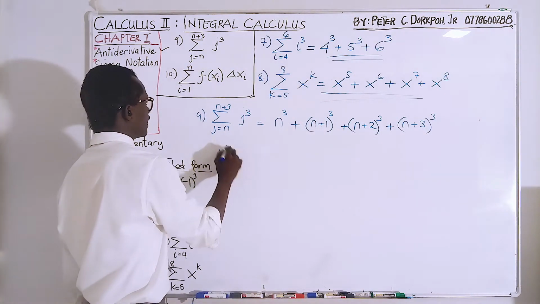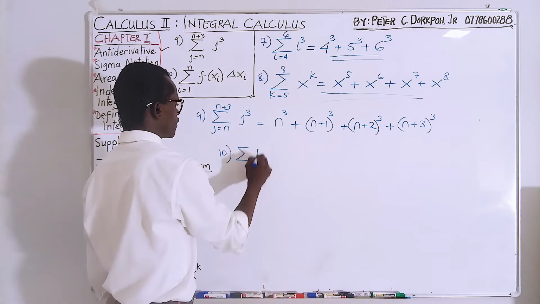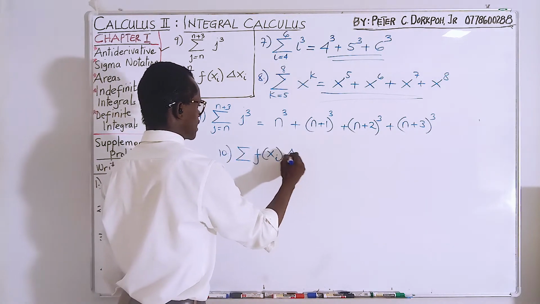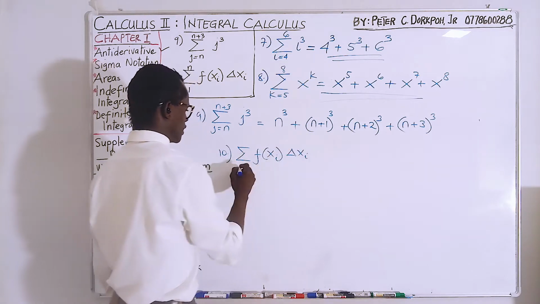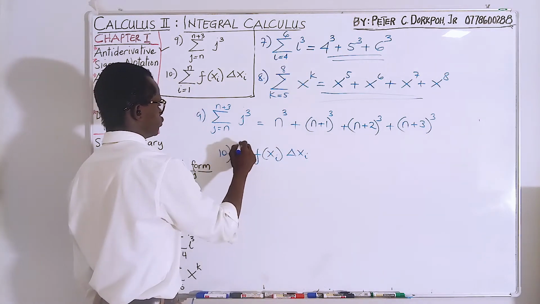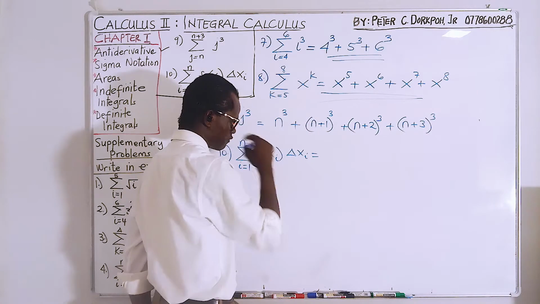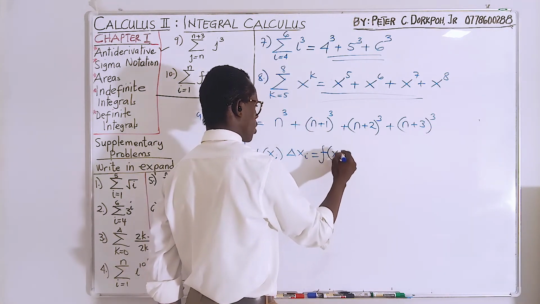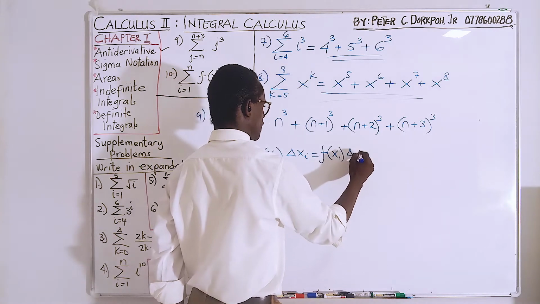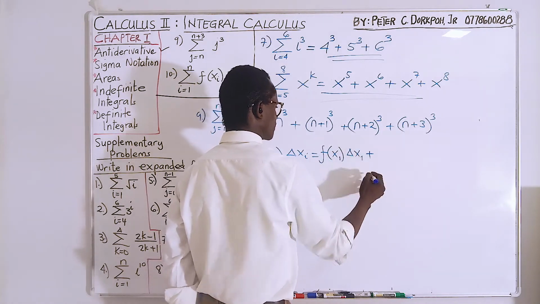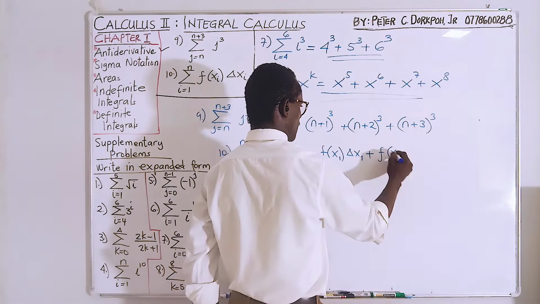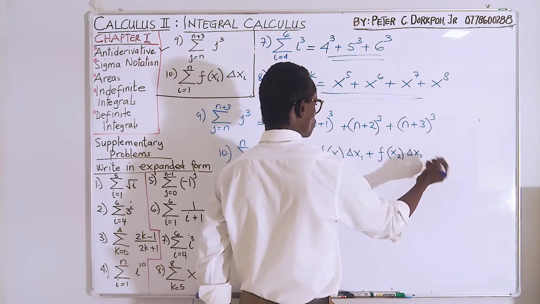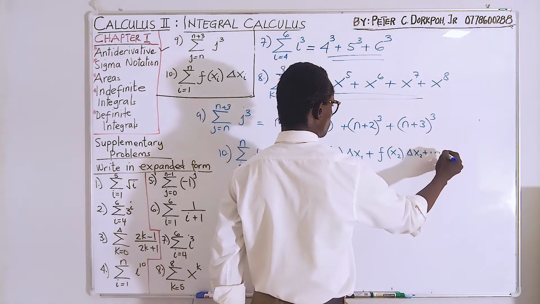And then question 10 now, you have the summation of f of x sub r times change in x sub r as r leads from 1 to n. So you just take the first three terms, you have f of x sub 1 change in x sub 1 plus f of x sub 2 change in x sub 2 plus dot dot dot.